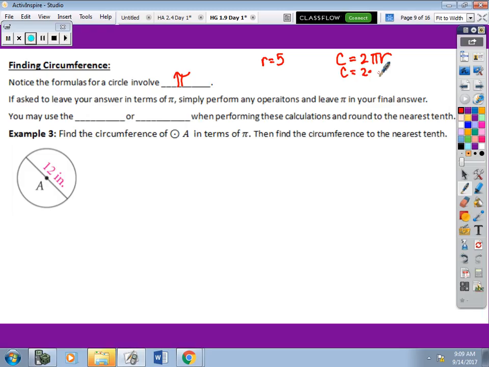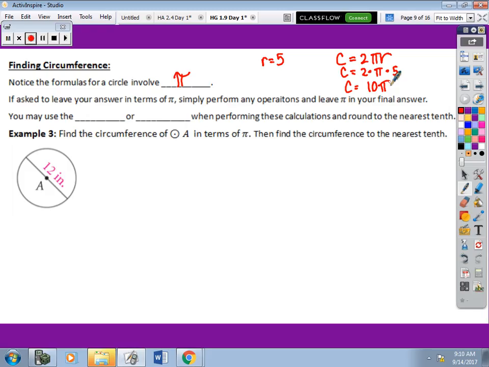So that's 2, technically times pi, times 5. You would just multiply the 2 and 5 together and you get 10. And you would leave it 10 pi.